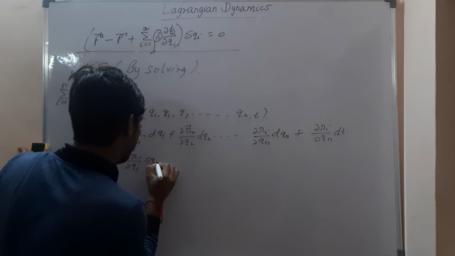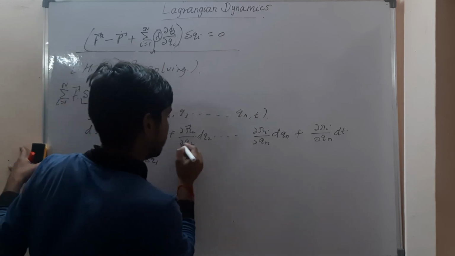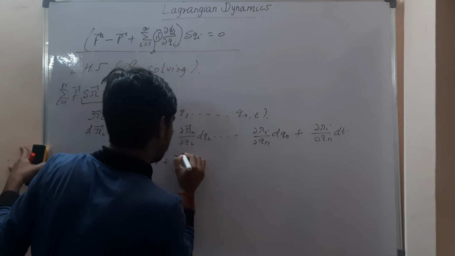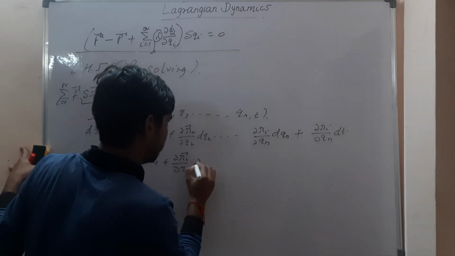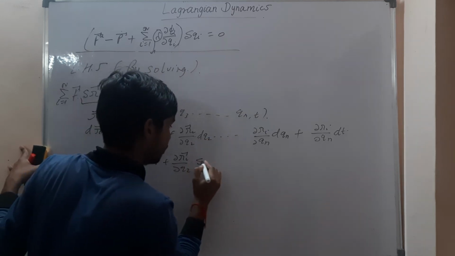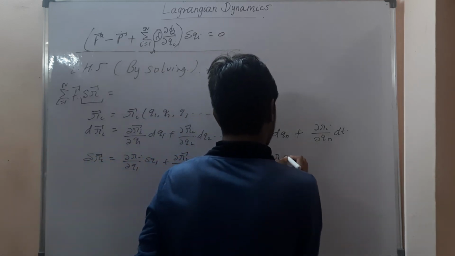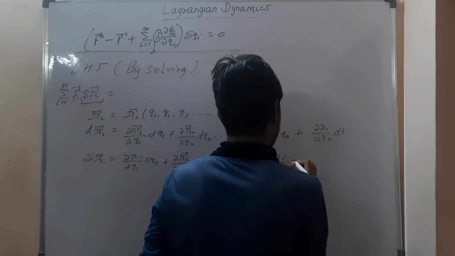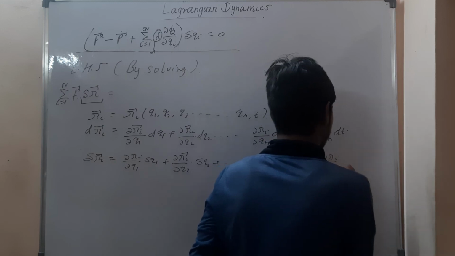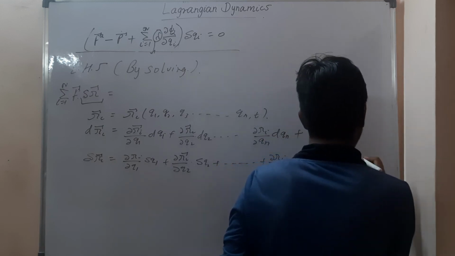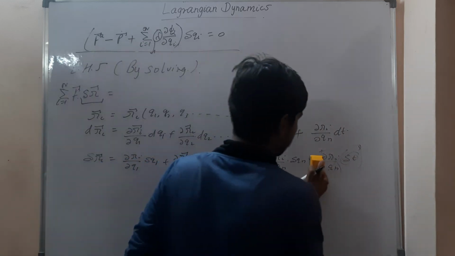So in here this one plus q2, delta q2, plus like this, plus q1, and this term will get 0 if I am taking virtual displacement, because here dt will be 0, so this term will vanish, so this term will not be there.